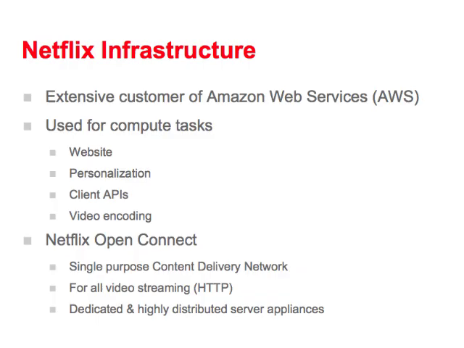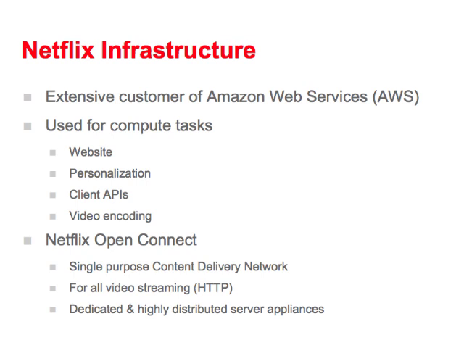What I'm going to be talking about this afternoon briefly is Netflix's content delivery network, which I'll explain in a few minutes. So first of all, Netflix, from an IT infrastructure point of view, is an extensive user of public cloud services, and in particular, Amazon's AWS service.